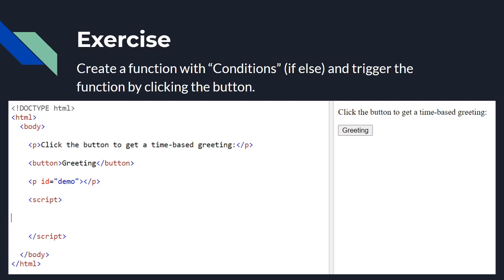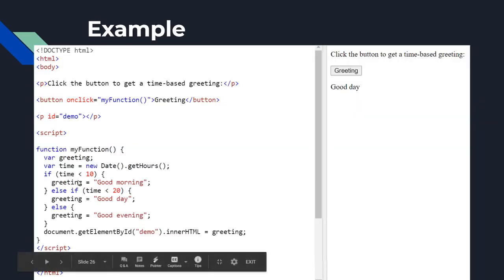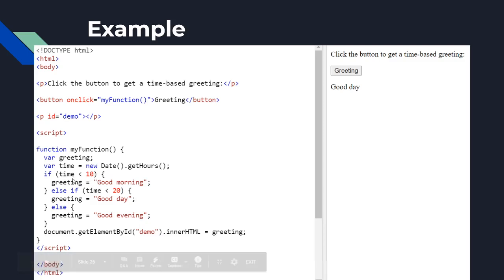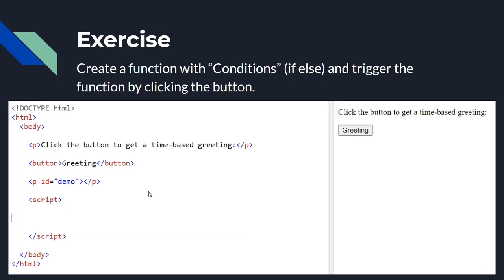Let's go back and have a look. If this in brackets, then you say this variable. Remember, variable greeting is this. Here, I'll give you a moment to let that sink in.